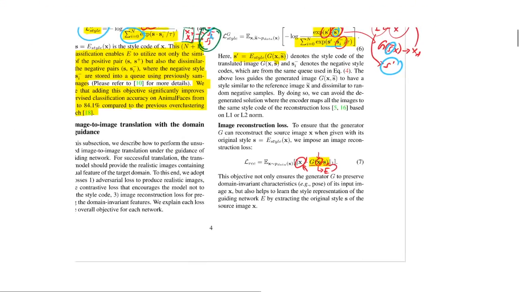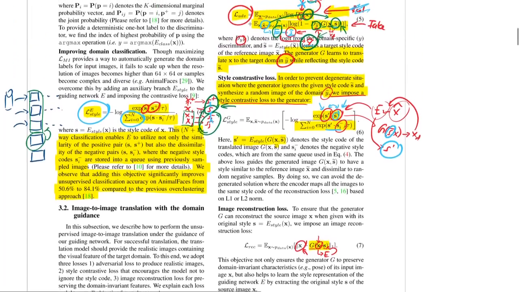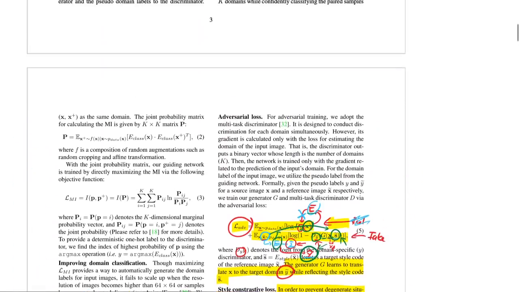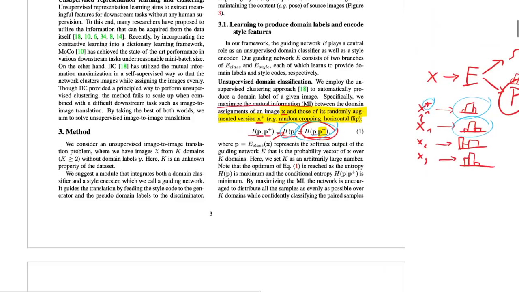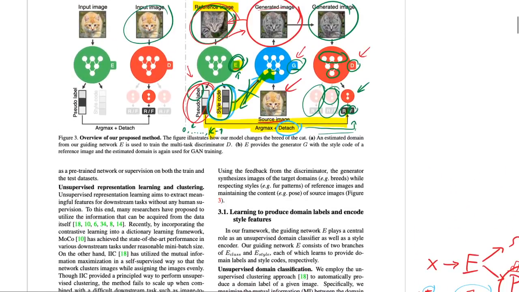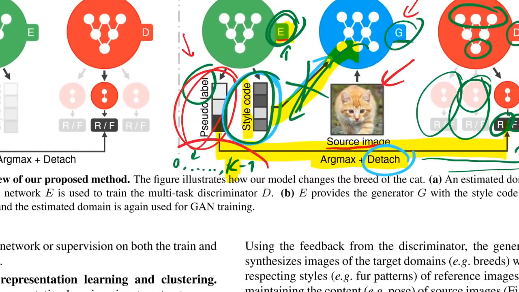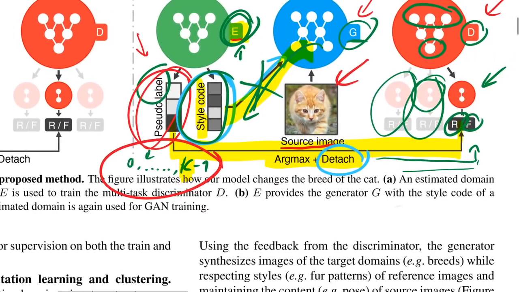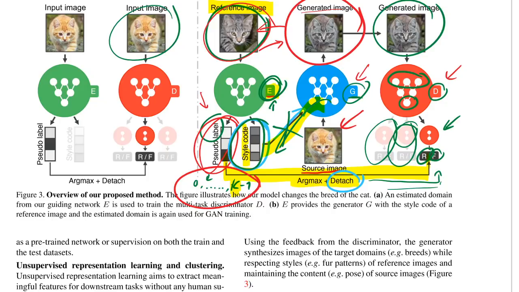Okay, that's it. So this is extremely convoluted, right? The discriminator is the easiest. The discriminator is a class conditional discriminator that gets the label from some mechanism that decides on a label, right? Okay, that's the easiest.